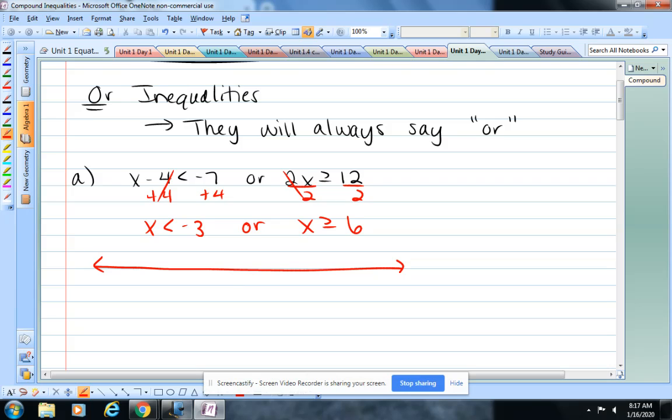All right. And you want to have at least those two numbers and the numbers in between on there. Okay? So I'm going to go like negative 4 to positive 7.